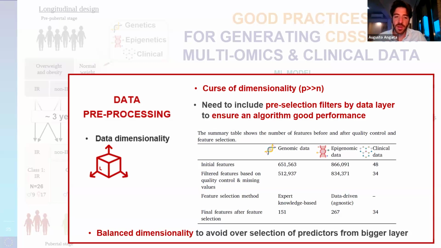The motivation for doing an agnostic selection for epigenomic data, and not following a literature review like for the genomic data, was that epigenetics is dependent on the environment where we live.